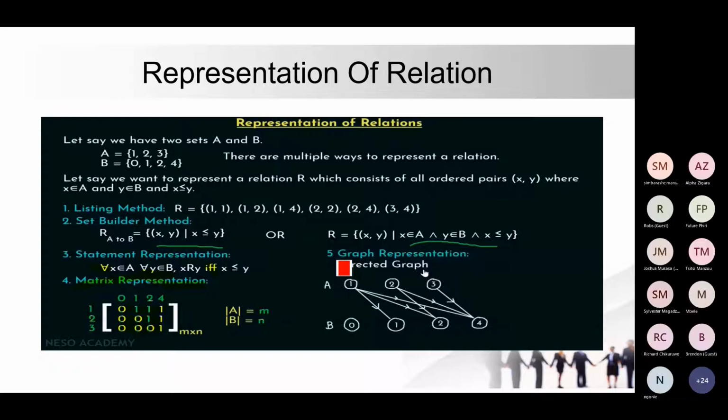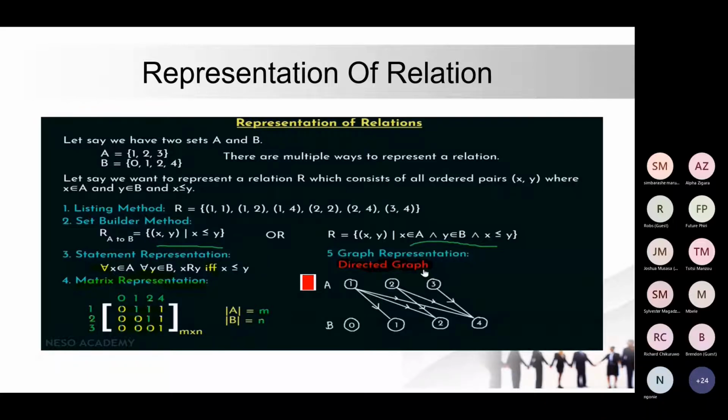So what it means is, in a directed graph, you can see there are elements of set A and elements of set B. The round circles are the elements of set A and elements of set B. On top, I've written all the elements of set A, like 1, 2, 3.